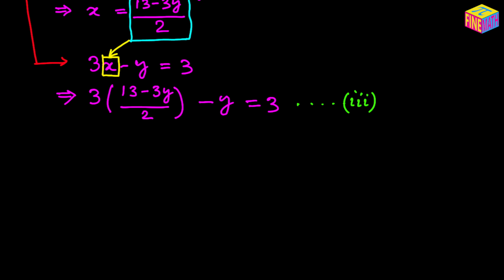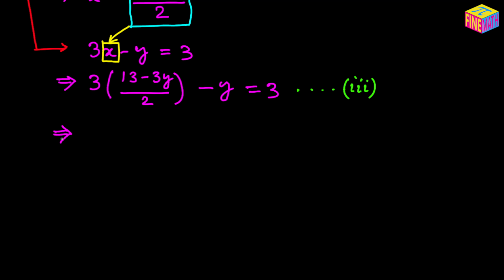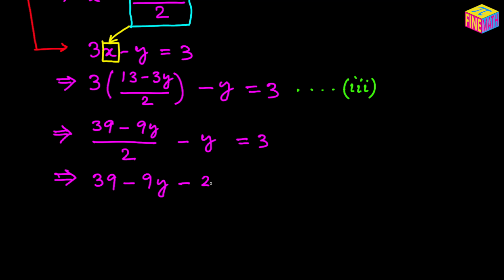Let's remove the parenthesis. This becomes 13 times 3, that is 39, minus 9y whole divided by 2, and minus y is equal to 3. If we multiply both sides by 2, this becomes 39 minus 9y minus 2y equal to 6.